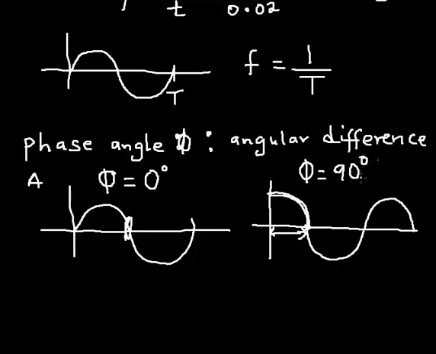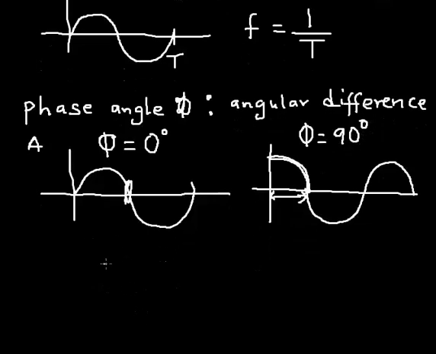And in waves, we don't use degrees, we use radians. You should always know how to convert from degrees to radians. How do we do that? A full cycle is 360 degrees, and that's 2 pi radians.